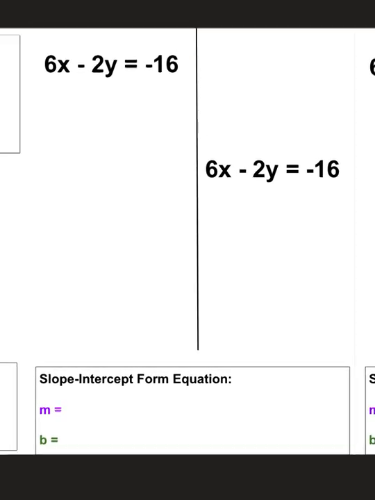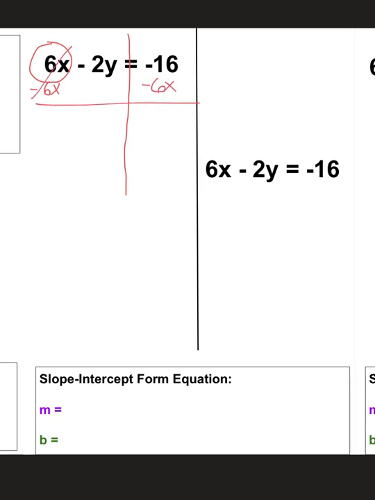Okay, so we have 6x minus 2y equals negative 16. All right, well, I want to get the variable y by itself, so the first thing I'm going to do is move the x term, do the opposite, which is subtract 6x on both sides.